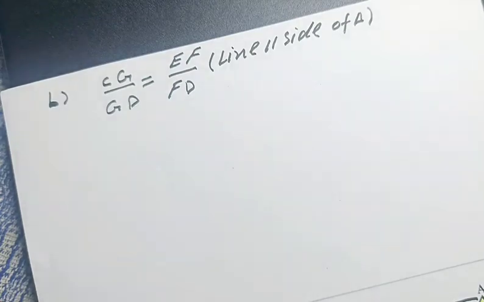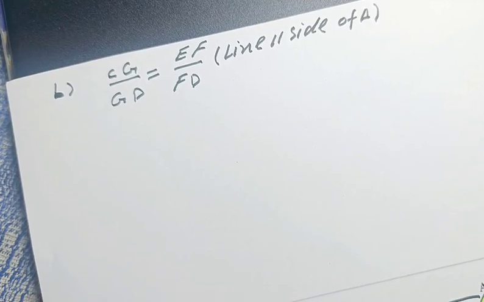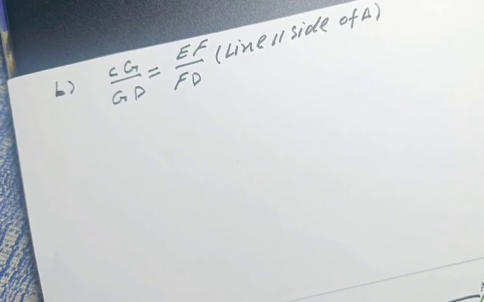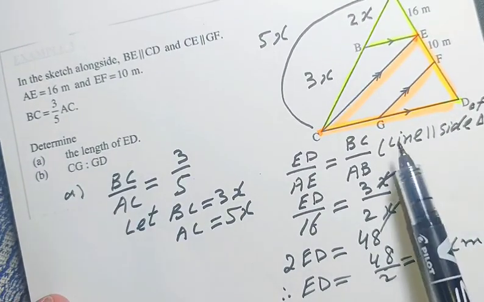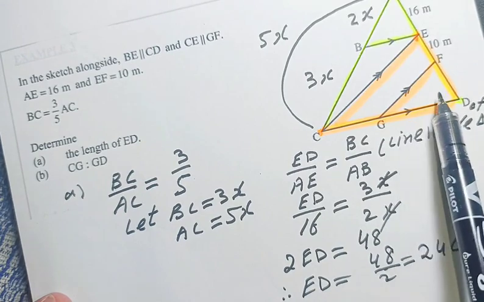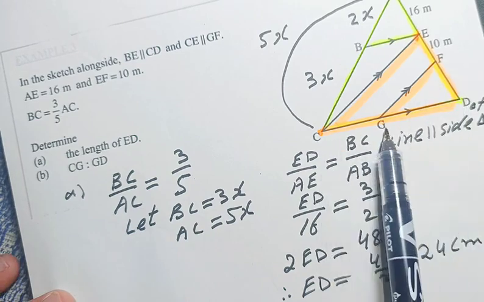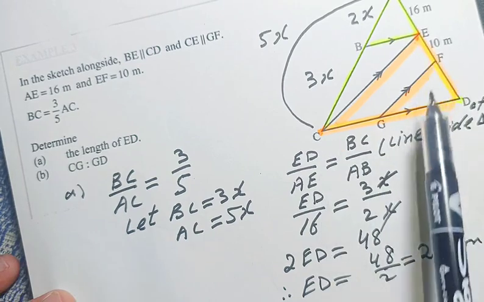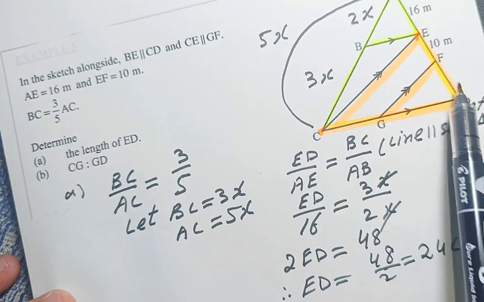So CG over GD is equal to EF over FD. Now have a look here. I have to match it on the other side. CG with EF, GD with FD. CG over GD, EF over FD.